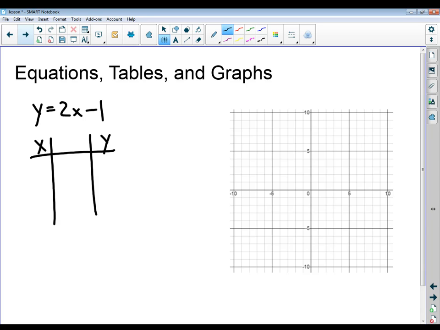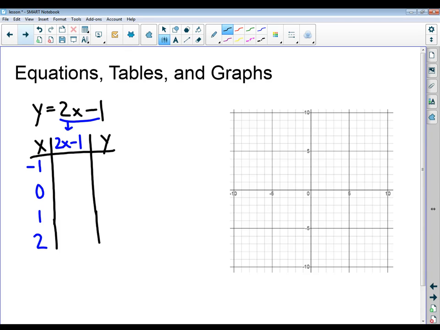X and Y are going to be on the outside, and in the middle, I'm going to take this part, 2x minus 1, and drop it right there. That makes it really easy for me to see what's going to happen. And then I like to take a couple of values for x, like negative 1, 0, 1, and 2.